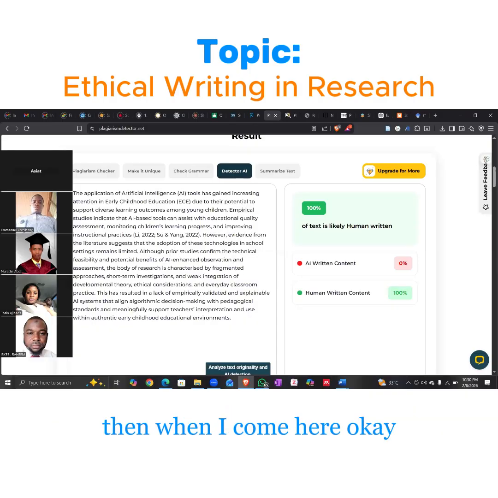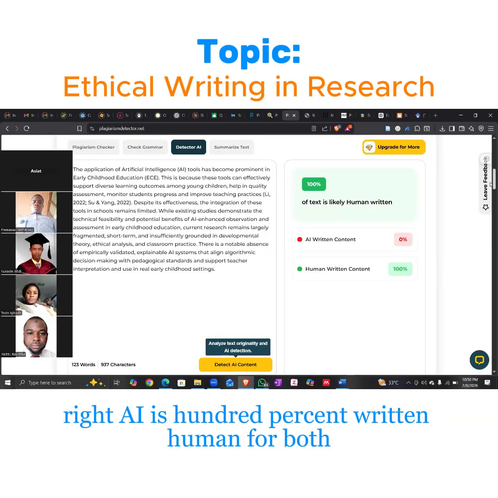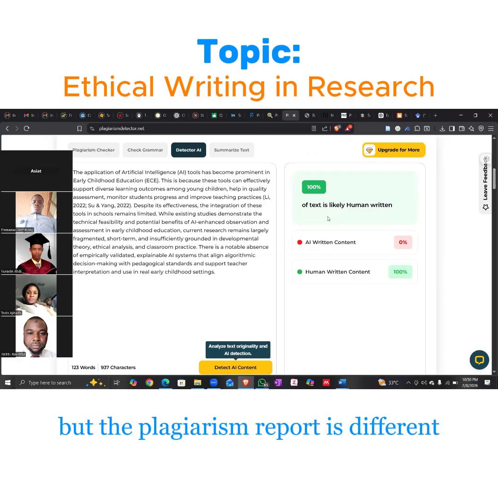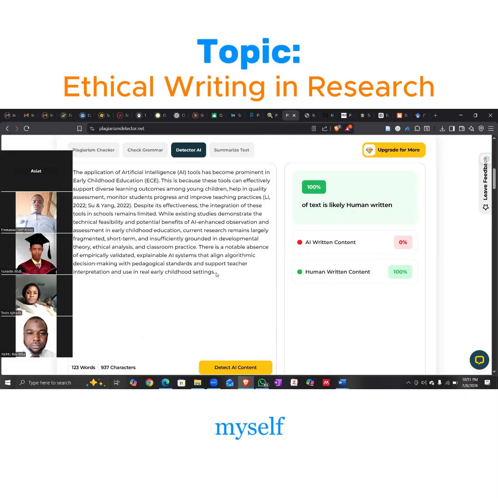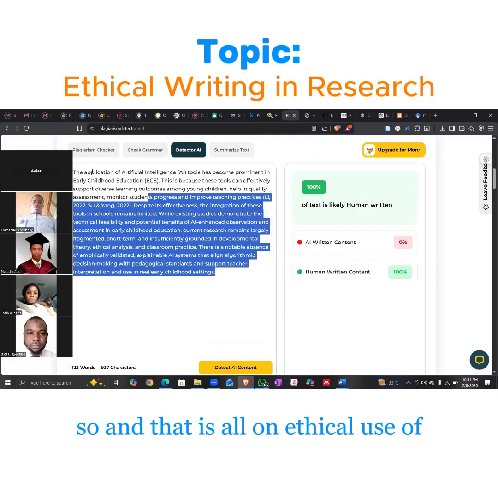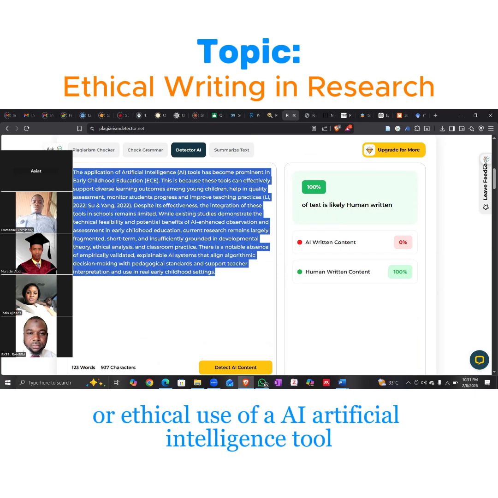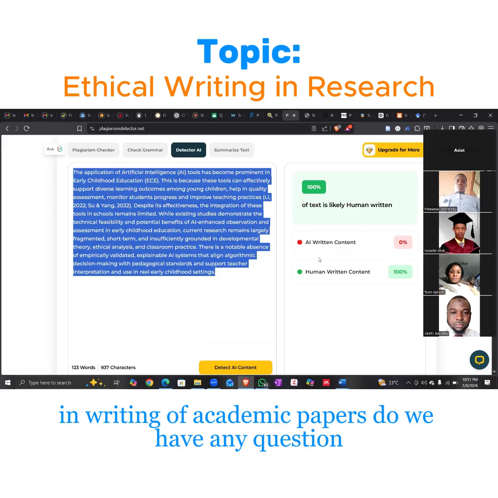Then when I come here, this one also says 100% human written, right? The AI detection says 100% human written for both, but the plagiarism report is different. So if I want to go for any one, I would rather go for the one I constructed manually myself. And that is all on the ethical use of artificial intelligence tools in writing academic papers.